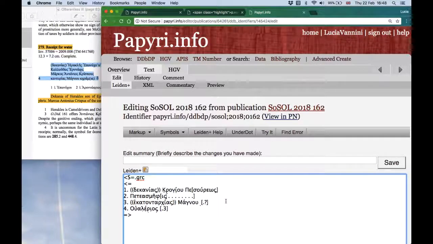We need to separate the supplemented and unsupplemented letters that occur in a lacuna so that they can be transformed differently from one another in the background EpiDoc XML source code. So we must close the bracket after the end of the supplied text, and we open a new bracket for the lost letters.